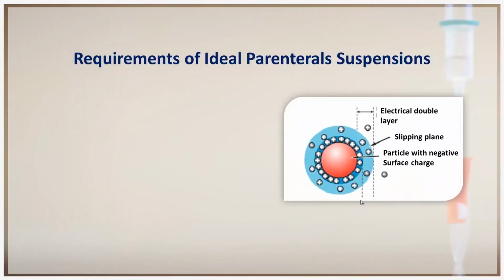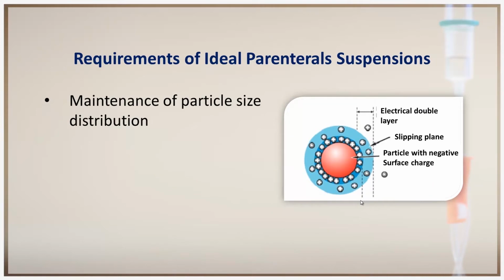Syringeability and injectability we have also discussed in our previous module: syringeability is the handling characteristic of a suspension, and injectability is with reference to the force and pressure required during injection. The requirements of ideal parenteral suspensions are, first, maintenance of particle size distribution and zeta potential.